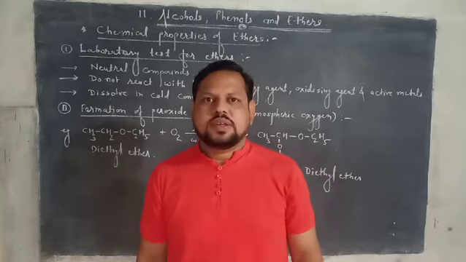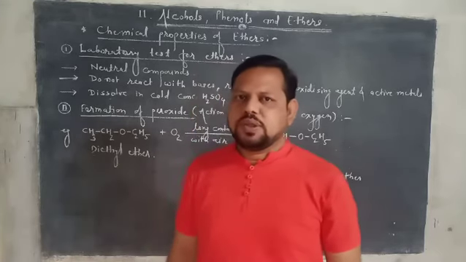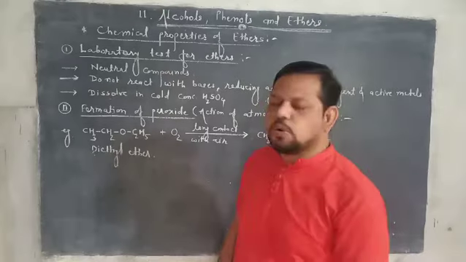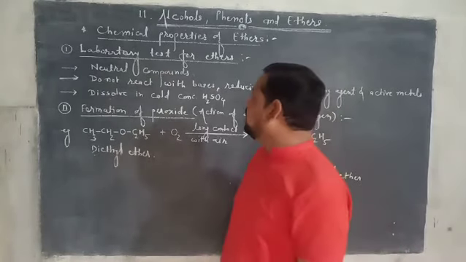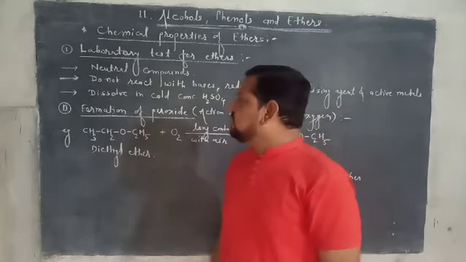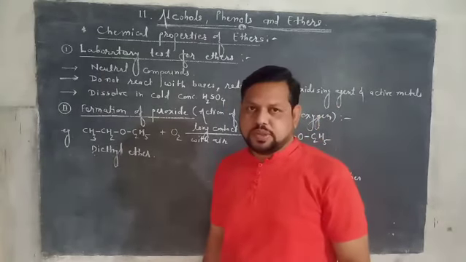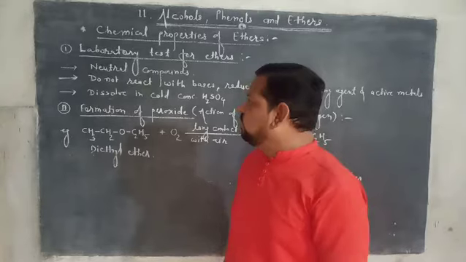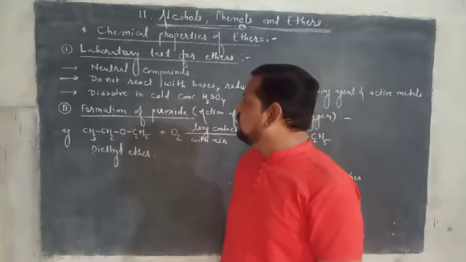First of all, we discuss the chemical properties of ethers. First property, that is the laboratory test for ethers. As you know, these ethers are neutral compounds. Hence, there is no effect on these ethers.